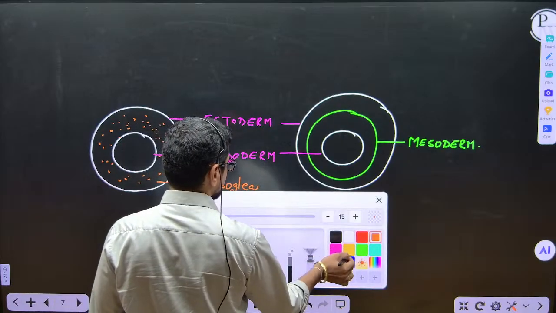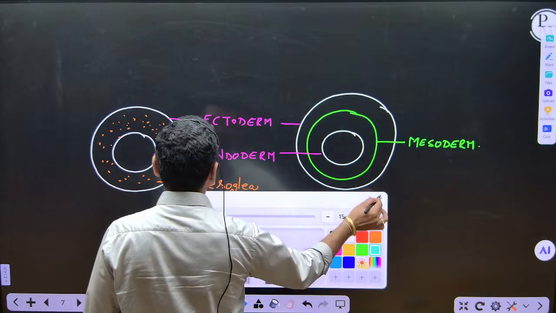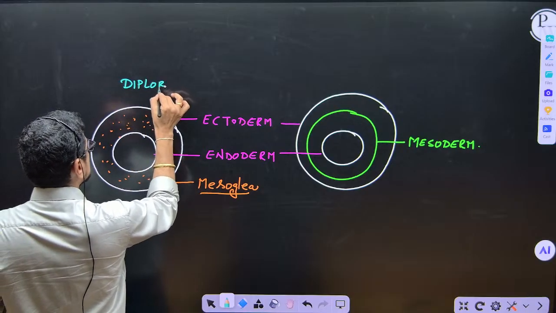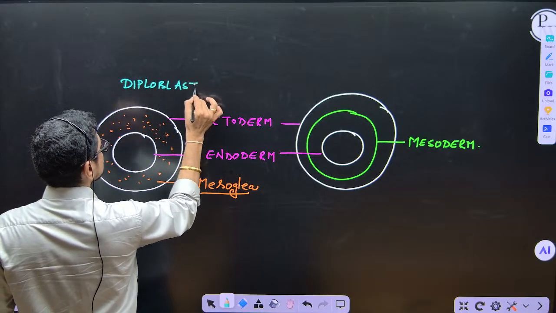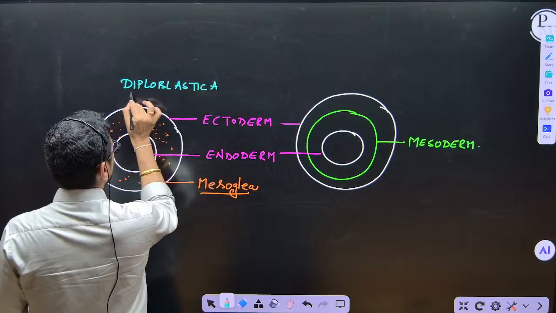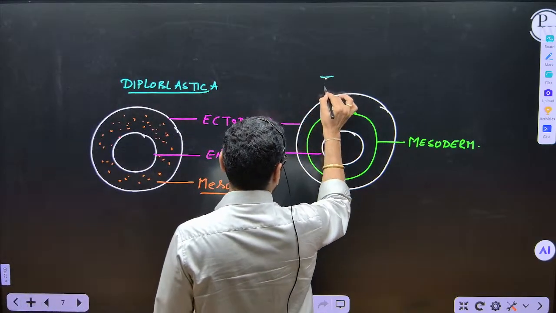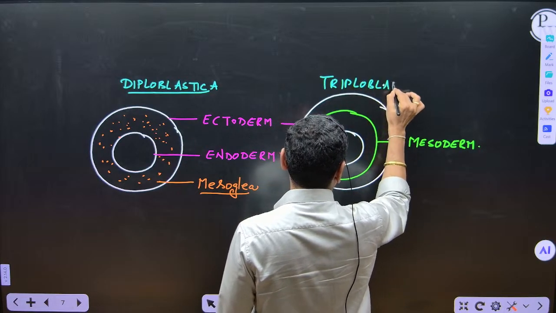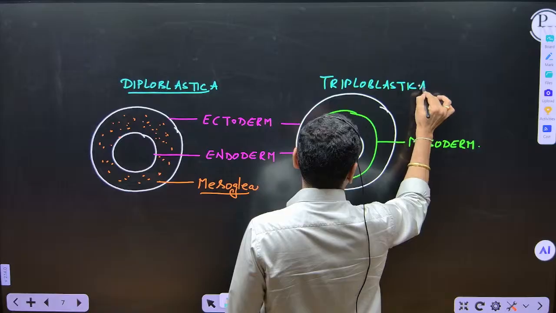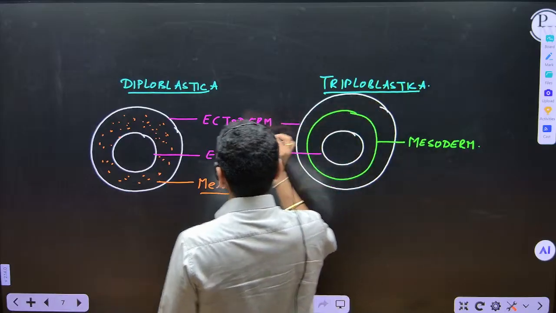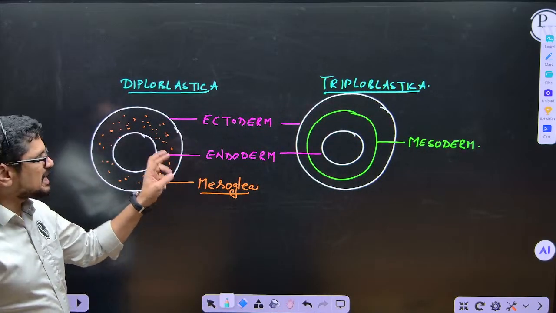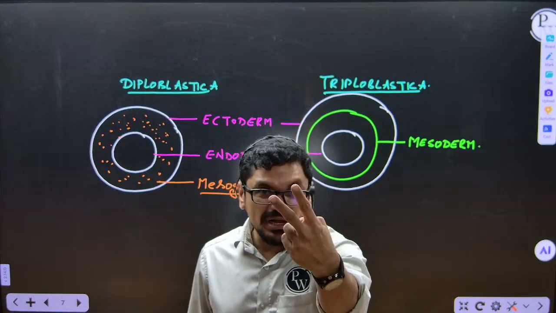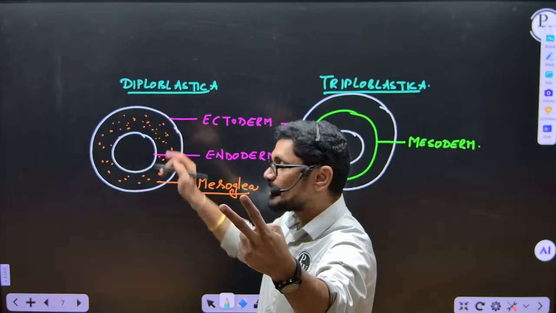Let me put the heading here as diploblastica, and here I will put the heading as triploblastica. All those organisms where two primary germ layers are present are kept under diploblastica.